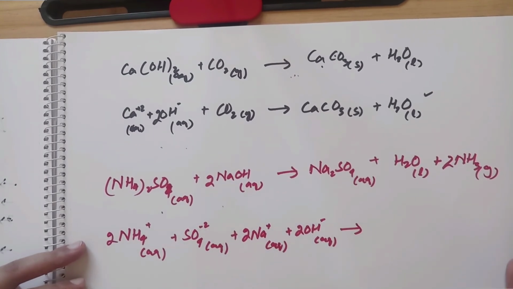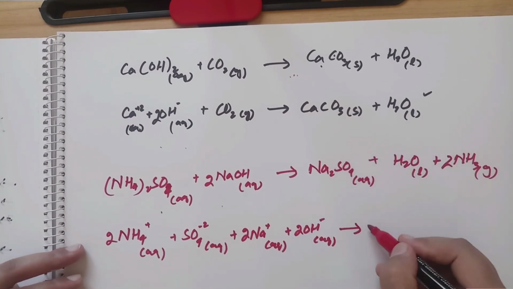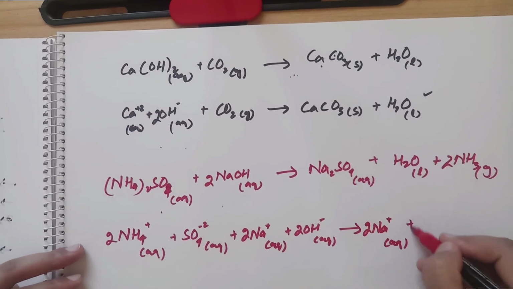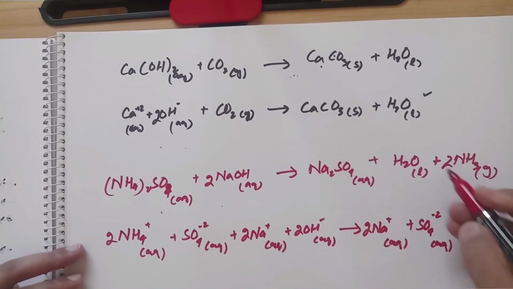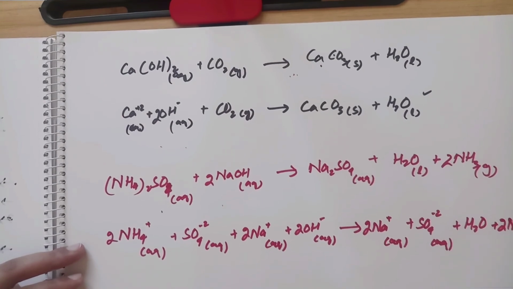And if we move to the product side, this is an aqueous solution, so 2 sodium ions, sulfate ion, SO4 minus 2, this is again aqueous solution. Water is in a liquid state, so it will not decompose. Ammonia is a gas, so again it will not decompose, it will remain a gas.